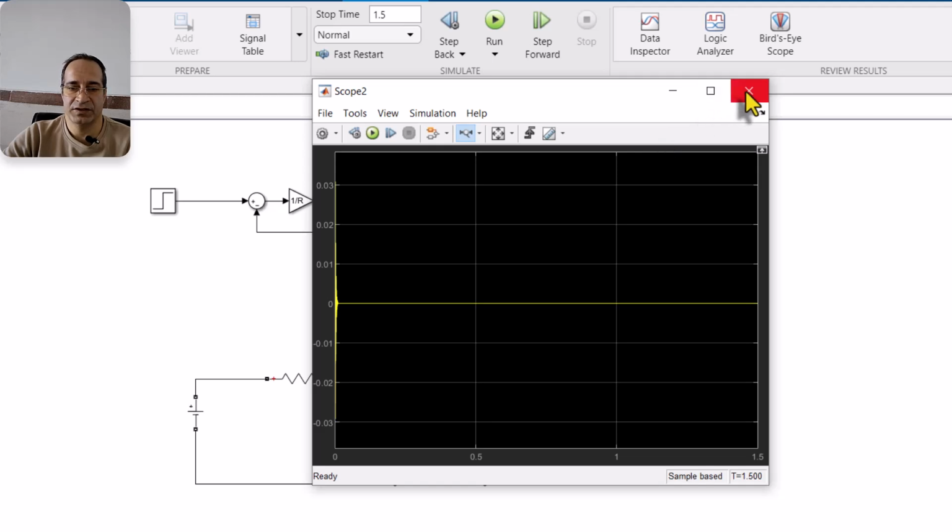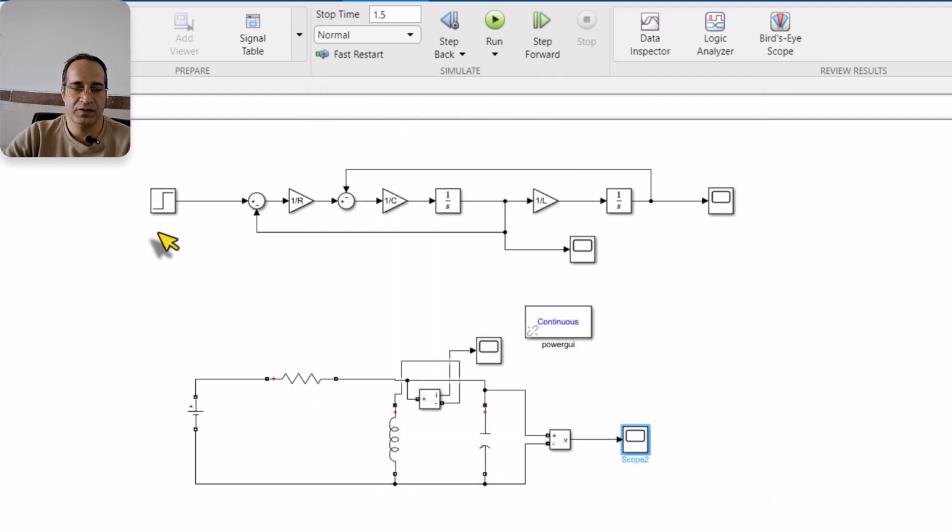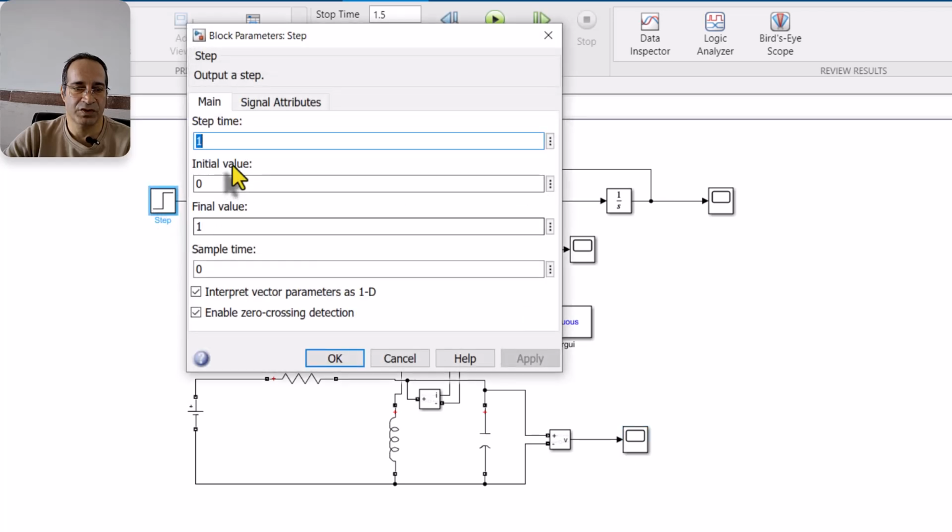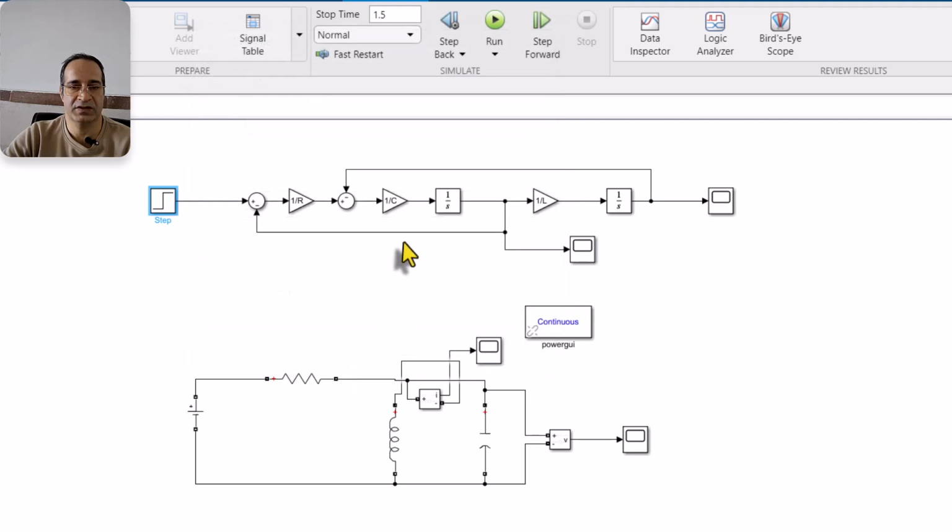Let's change it over here. If I put this step time to 0, I get the same responses. And I just need to, for example, simulate this circuit for just 0.1 seconds.